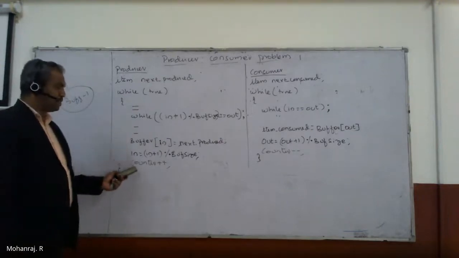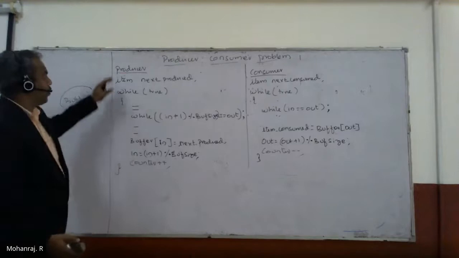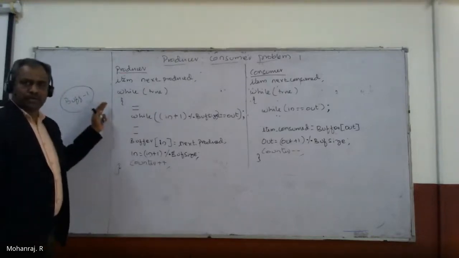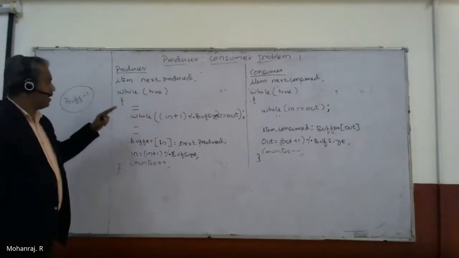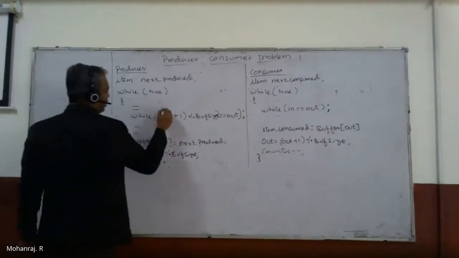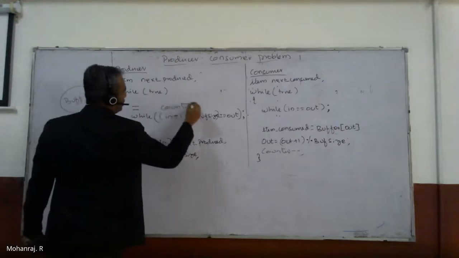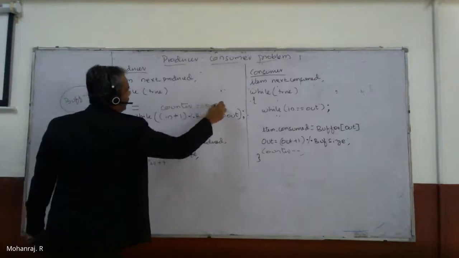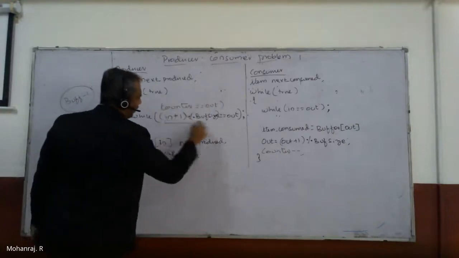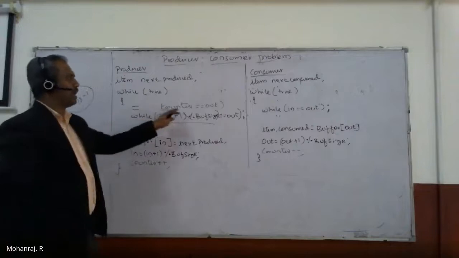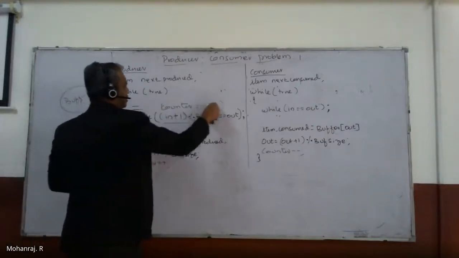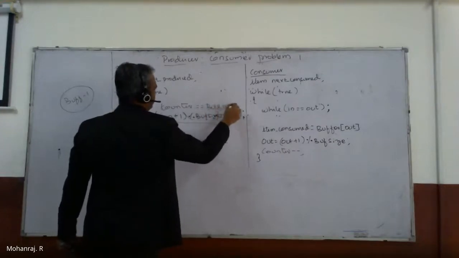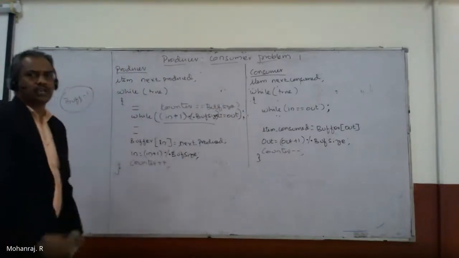So with the help of this counter, the producer can find whether 10 items have been produced and placed, and upon checking here, instead of this, we can check whether the counter has reached the buffer size.